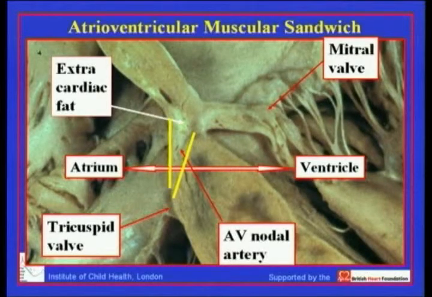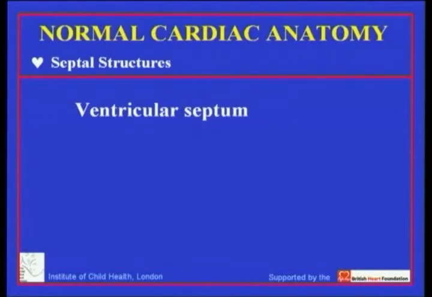So this area, although it separates atrium from ventricle, contains in its middle an extension of the outside of the heart. So rather than being a septum, this area in reality is a muscular sandwich. As we will show you, it is lacking in atrioventricular septal defect, but it is not strictly an atrioventricular septum.